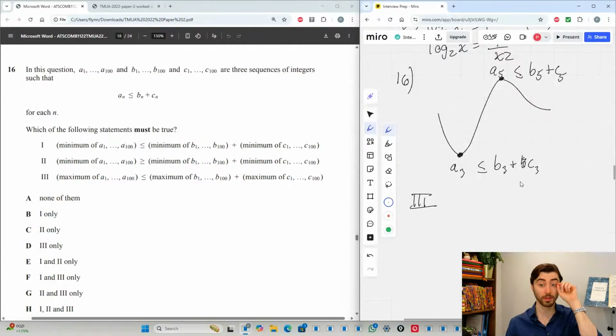So let's say B3, if these happen to all be the minimum, then that would be less than the minimum. It could be equal to, I suppose.